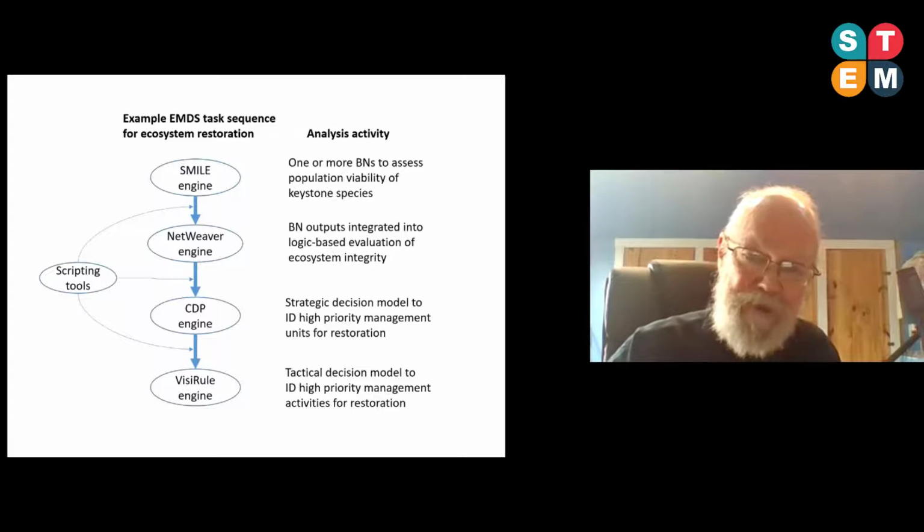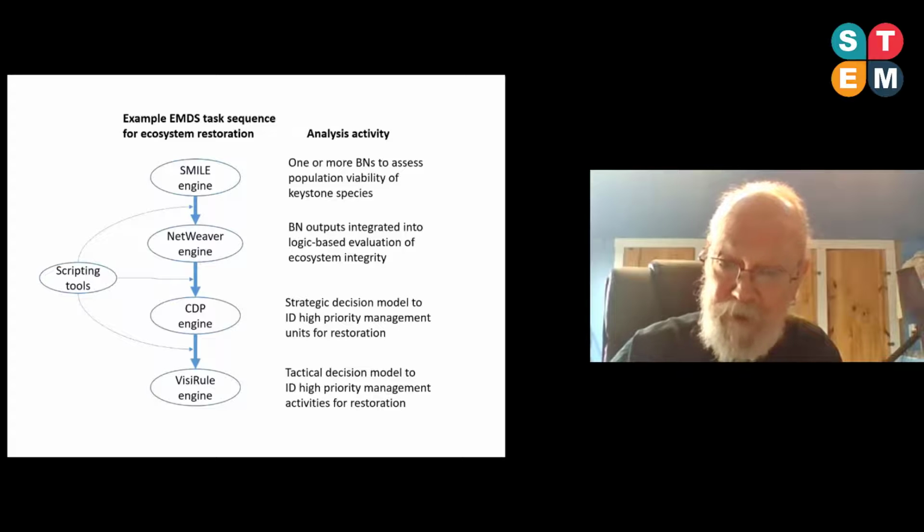So in this example, we're starting out with the SMILE engine, which is the Bayesian network engine. And we might start out by using this to assess the population viability of a number of keystone species. So those are looking at a few fairly narrow, well-defined problems for which Bayesian engines work great.